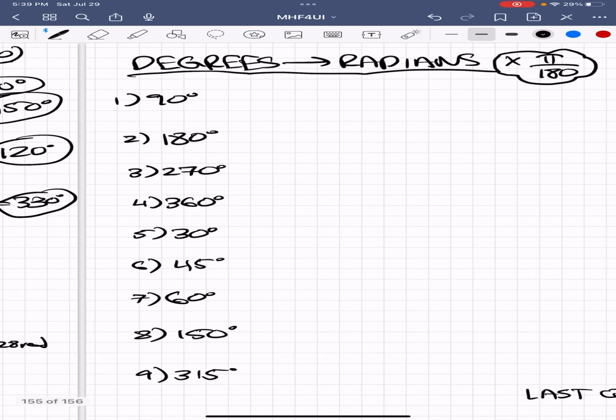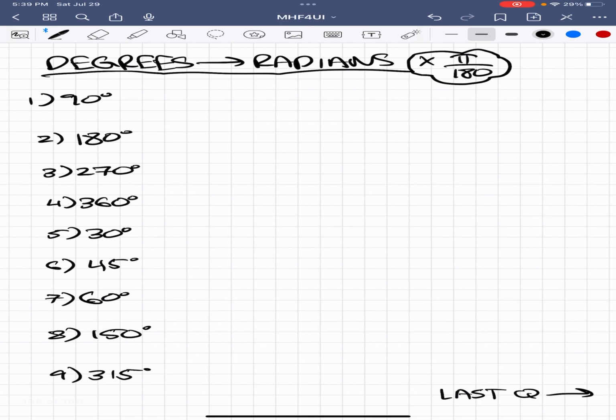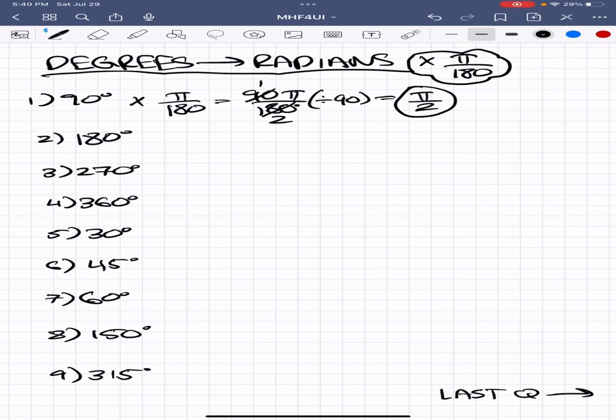And let's move on to degrees and converting degrees into radians, and our multiplication factor is pi over 180. And we're left with pi over 2.